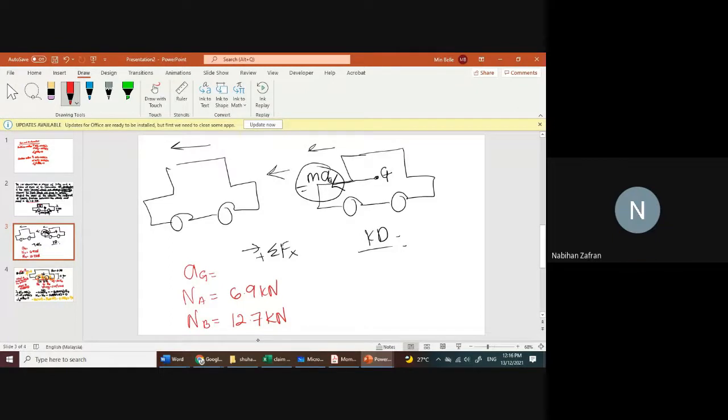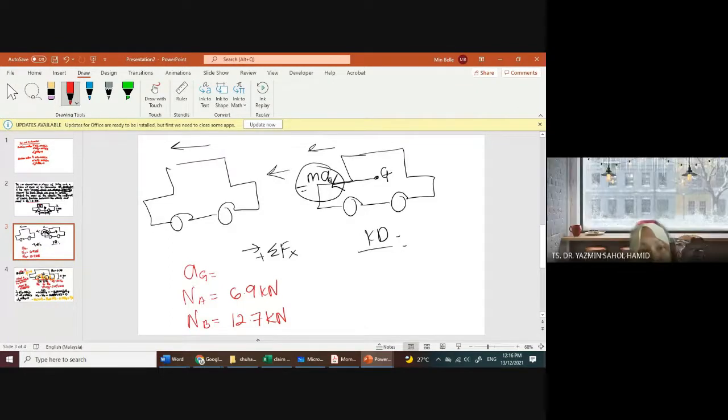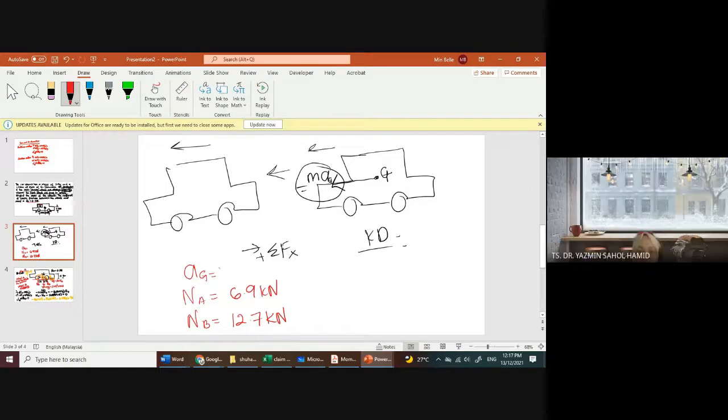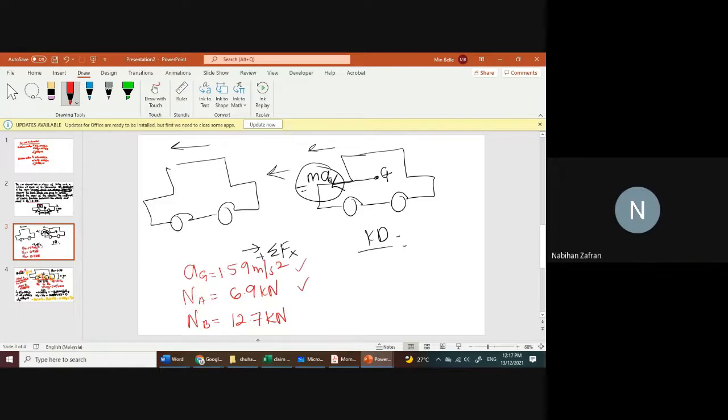Sekejap. .59. Betul? Unit tolong. Meter per second square. Okay, betul.